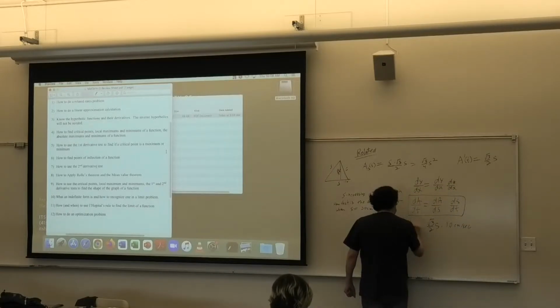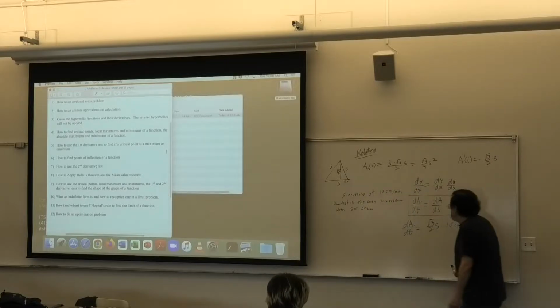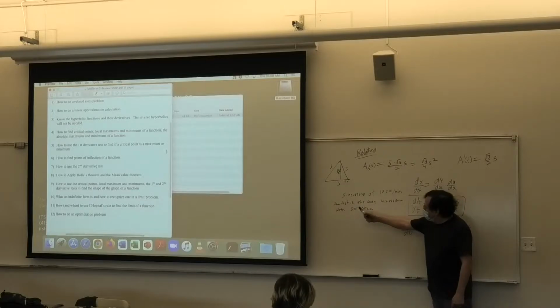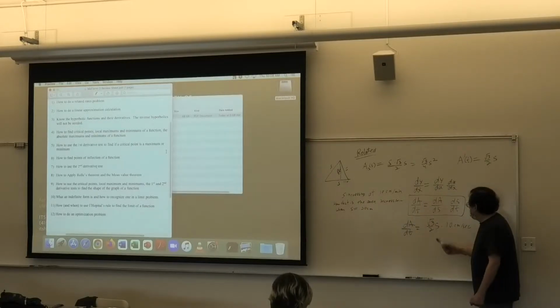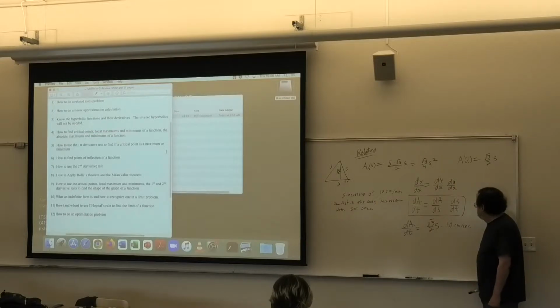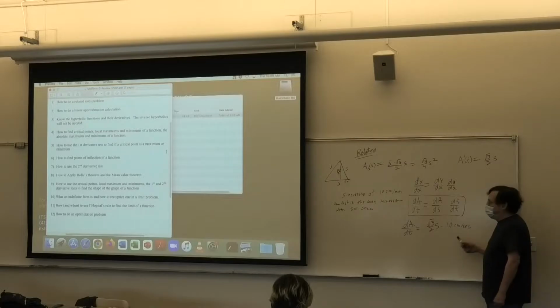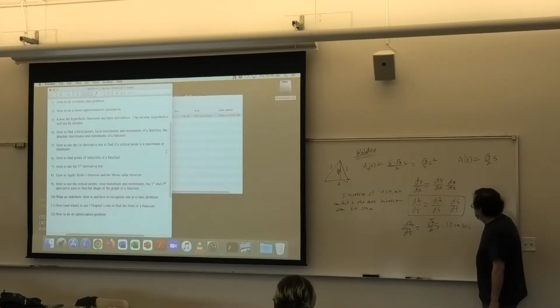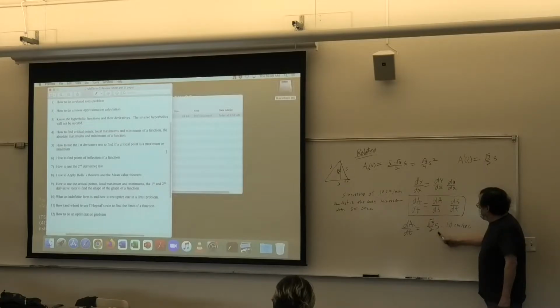That's our change in area with respect to time. But the question asks, how fast is it increasing when s is 20? So you just plug in 20 for s. What do you get? 200 times the square root of 3 centimeters squared per minute, because s is in centimeters.